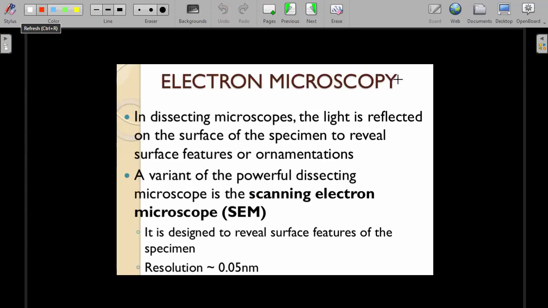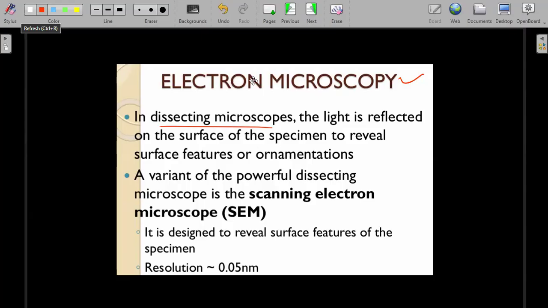So we start with the electron microscope. What have we said this microscope is all about? What does it use?